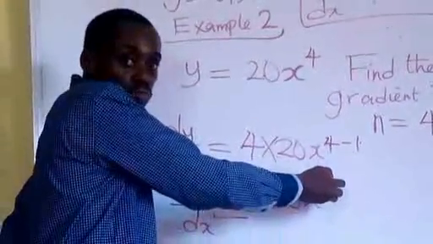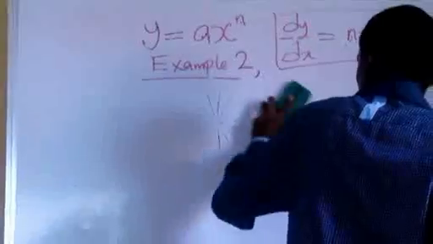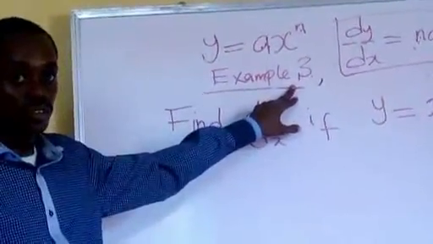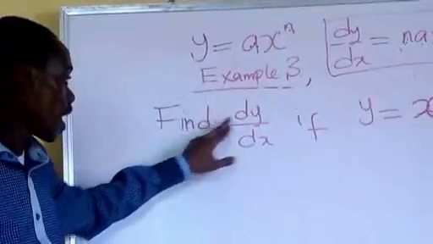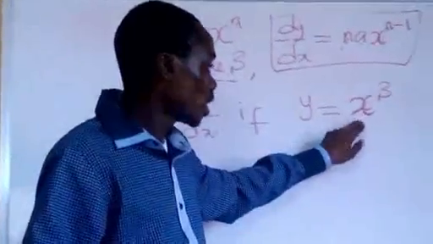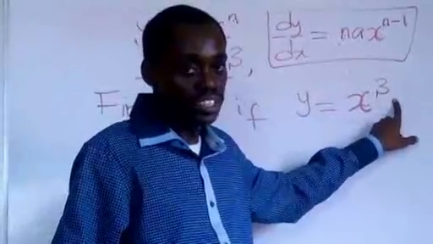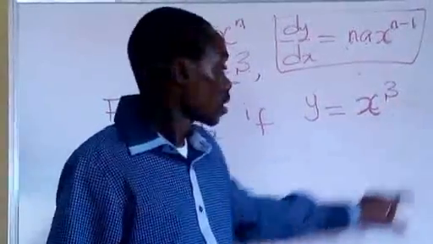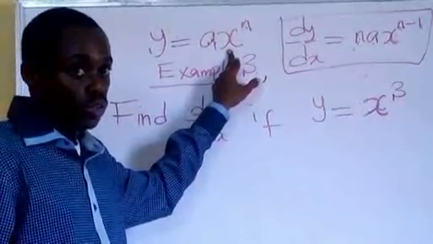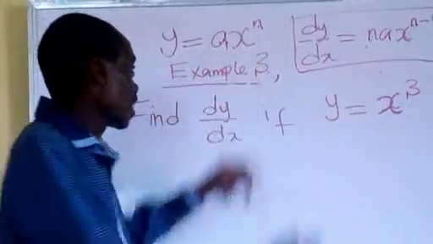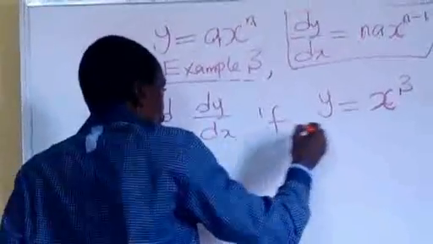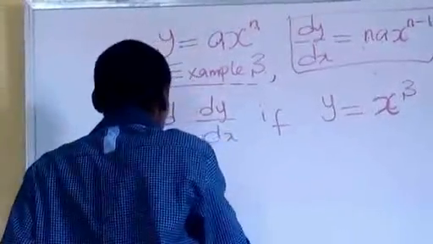So we're going to look at another example right now. In example 3, we're asked to find dy/dx if y is equal to x raised to power 3. Now if you compare this and this, you might say that your n is equal to 3.